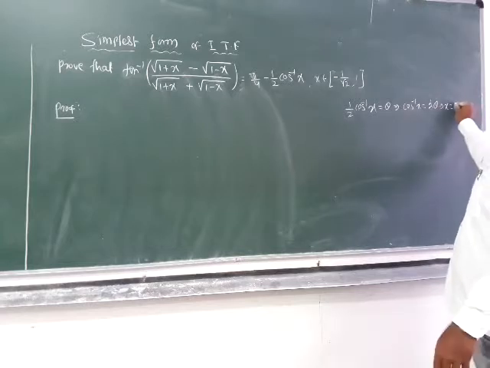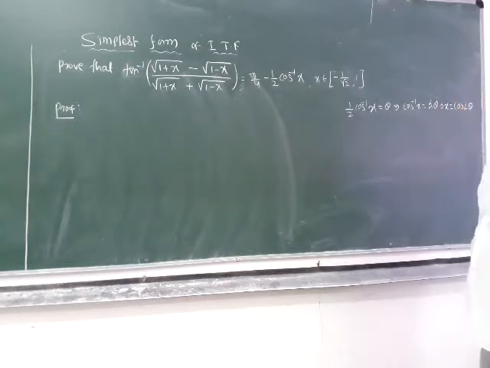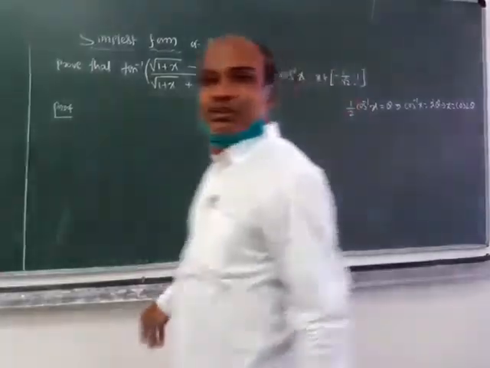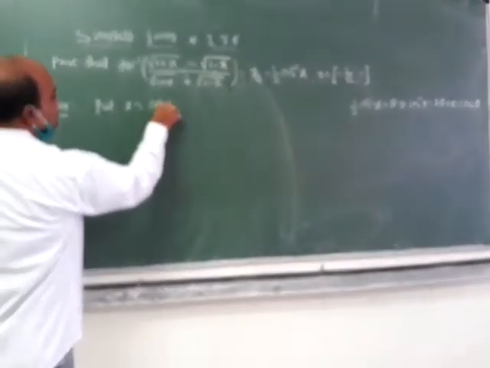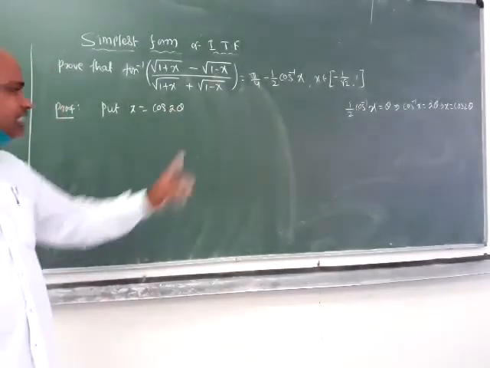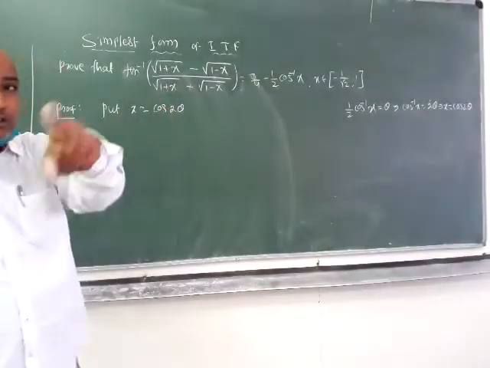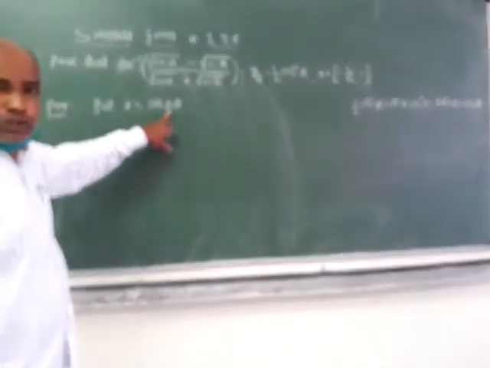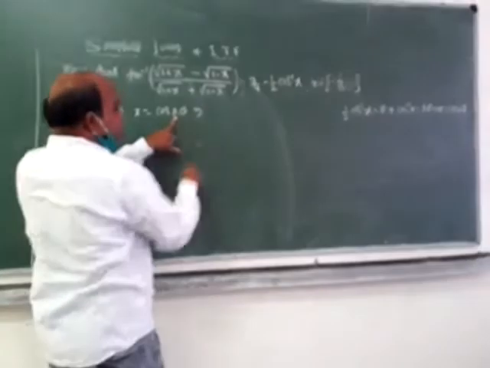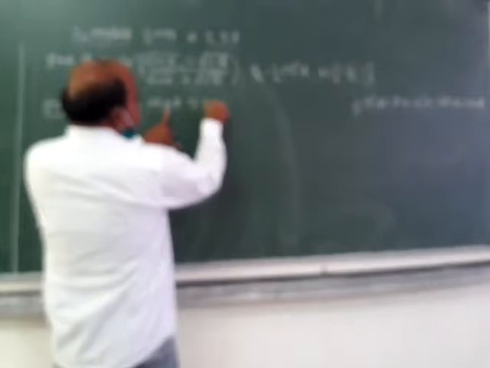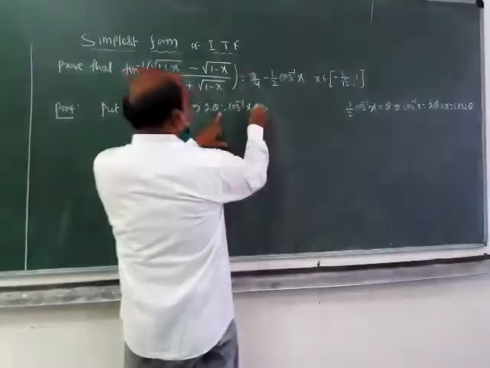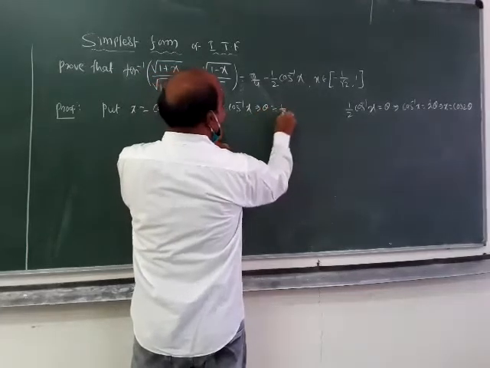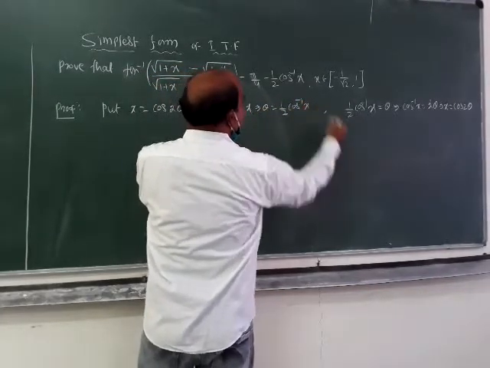Cos 2 theta. So substitute x is equal to cos 2 theta. If x is equal to cos 2 theta, that implies 2 theta is equal to cos inverse x. That implies theta is equal to 1 by 2 cos inverse x.